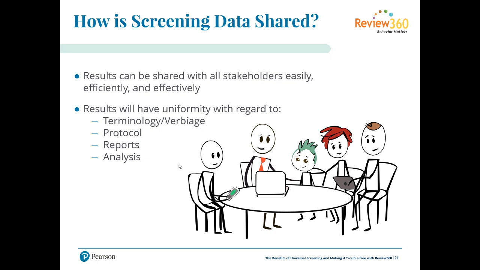All of the reports look the same, and the analysis that it generates is the same. So when you warehouse it all together and you're able to generate all these robust features, everybody's on the same page, talking the same lingo, using the same reports, and making decisions based on things that all look the same. So uniformity is a big deal, and it's going to be shared that way.